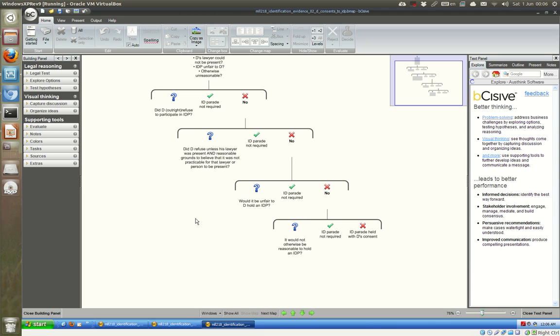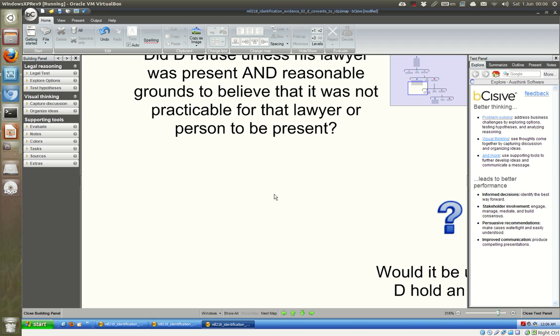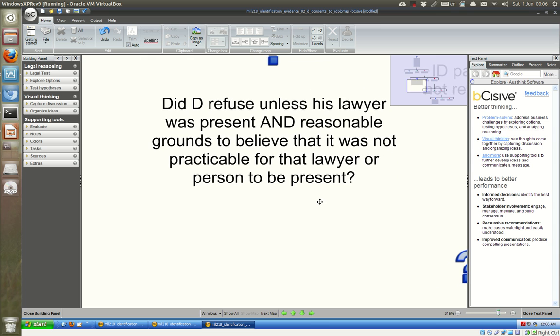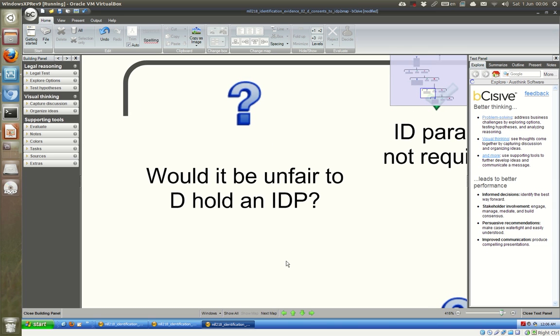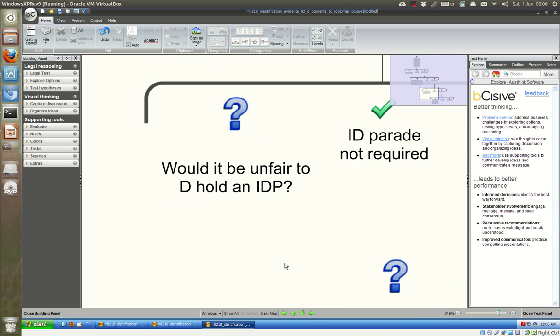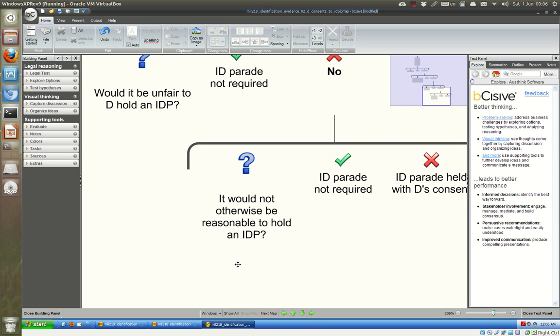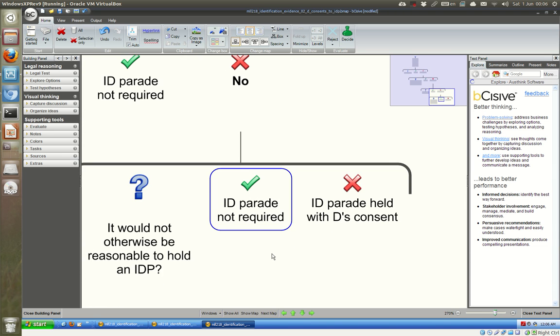If the accused outright refused to participate in it, if the accused refused to participate unless his lawyer was present and there were reasonable grounds to believe that it was not practicable for that lawyer or person to be present, if the police determined that it would be unfair to the accused to hold an identification parade, or if it would not otherwise be reasonable to hold an identification parade, then in each of those instances an identification parade would not be required.